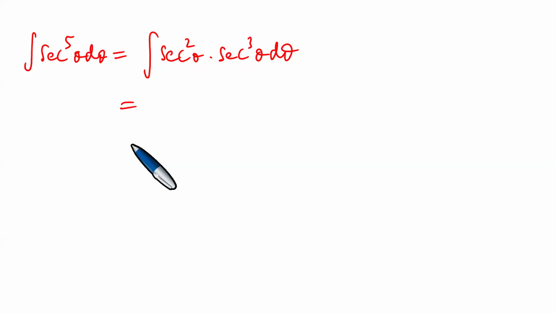One thing you can integrate is the secant squared, because the integral of the secant squared becomes the tangent, and then you'd have again the secant cubed. So what becomes the best way to evaluate this particular integral?